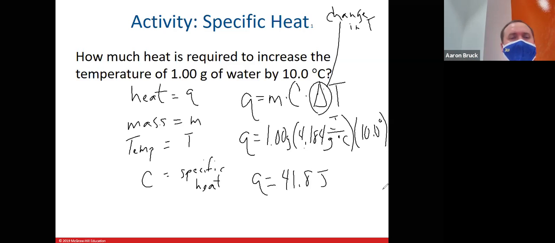Excuse me. 41.8 joules of energy. That's how much energy it would take to increase that small amount of water by 10 degrees.